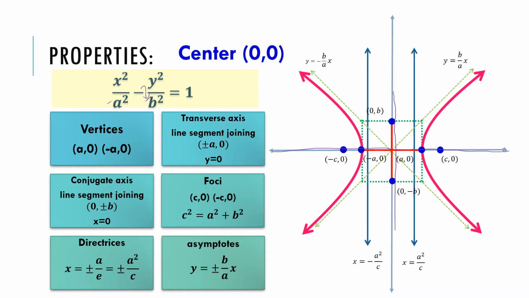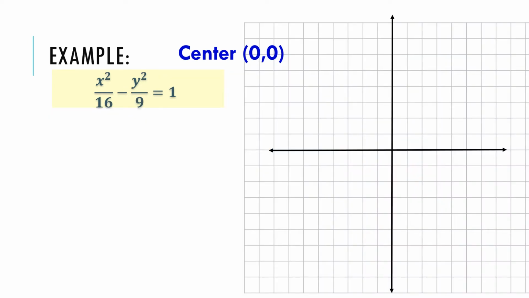Example tayo. Okay, suppose we have x squared over 16 minus y squared over 9 equals 1. Since ang ating x ang naka-positive, so this is a equals 4, and then b equals 3.